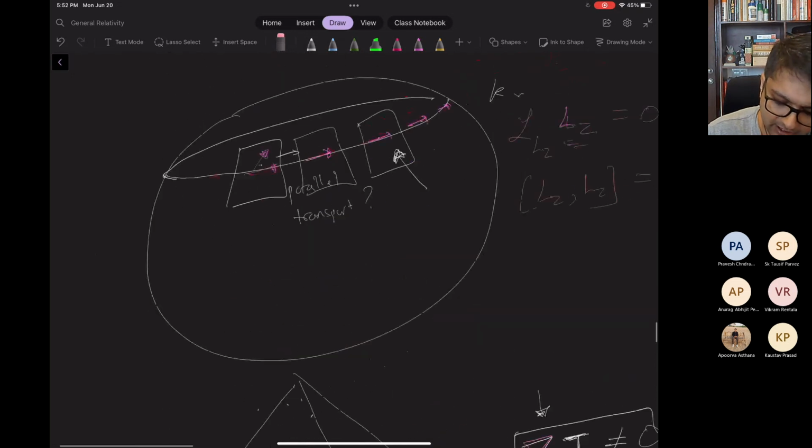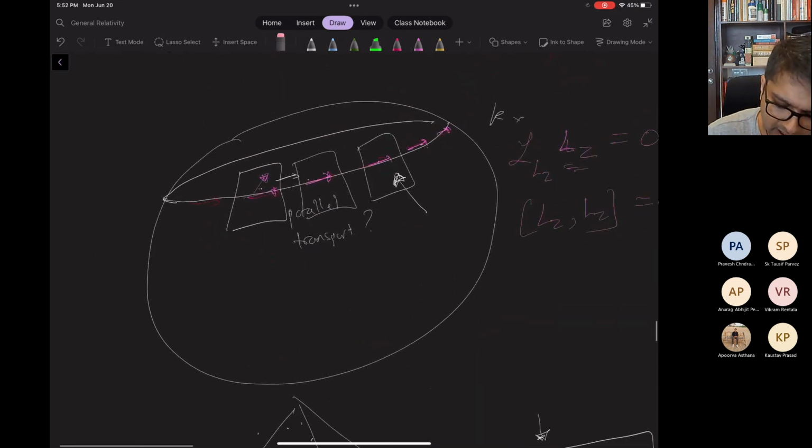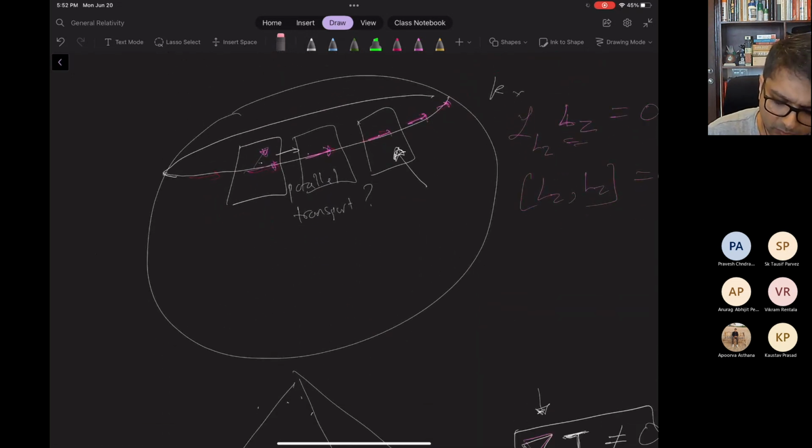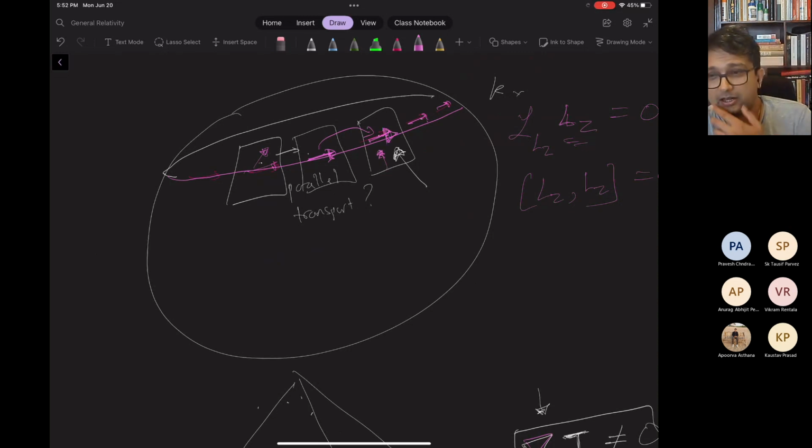And the other point is that when I want to compare this with something, let's say as I move from here to here, I want to compare this vector with something. The thing is, I have no reference comparison.